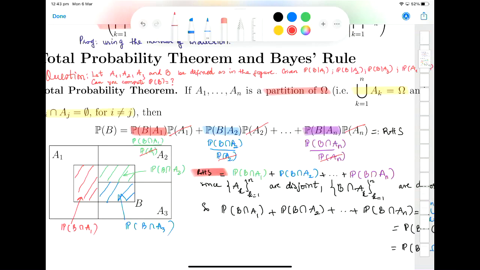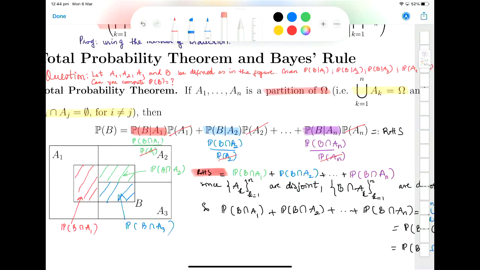So now you see that the right hand side in the end equals the sum of this probability. And because A1, A2 up to AN are disjoint, which means that B intersect with A1, B intersect with A2 up to B intersect with AN are also disjoint, right?